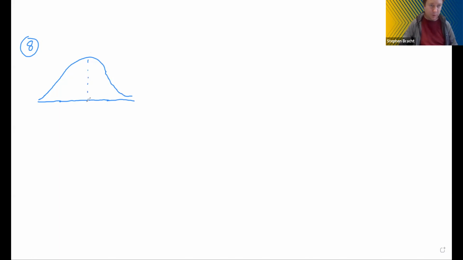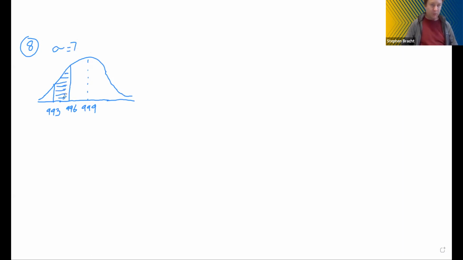It's centered over 999. I'm trying to find the area in between 993 and 996. And I've got sigma equals 7. That's my standard deviation that was given. Trying to find the area in between here.